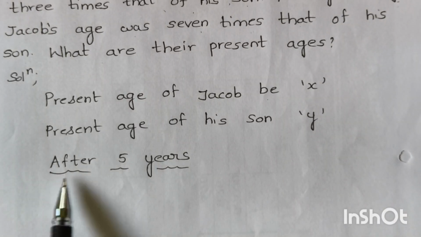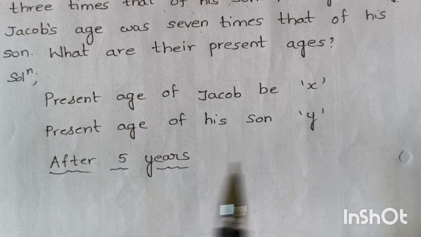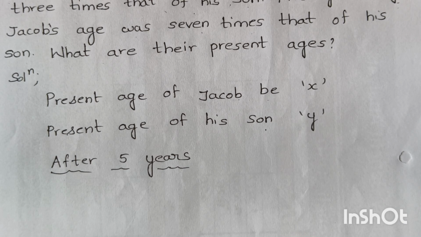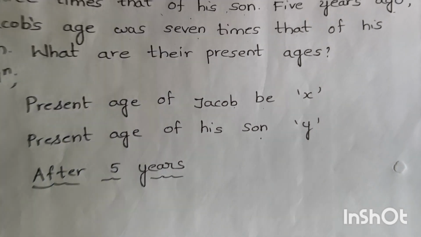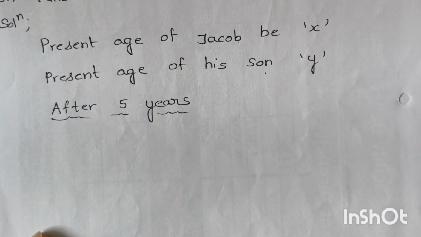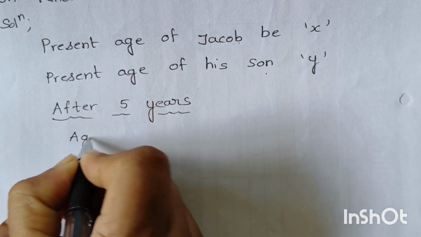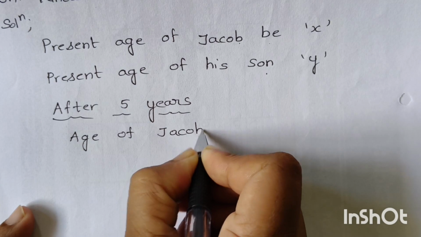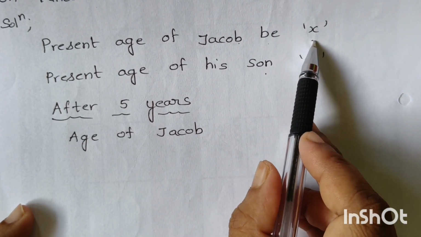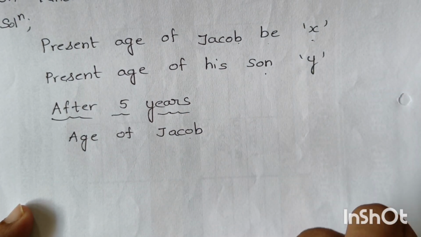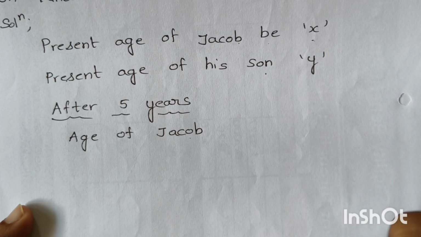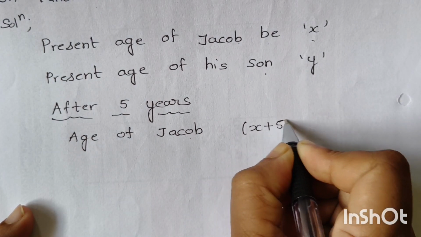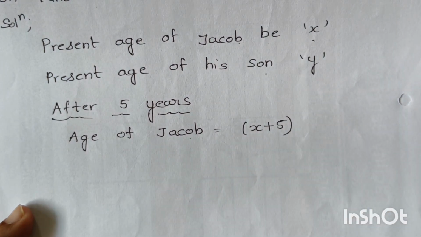We know that after 5 years, the age of Jacob and his son will increase by 5, right? So how can we write? After 5 years, age of Jacob, present age is x, but after 5 years, what will be Jacob's age? 5 years it will increase, so we can write it as x plus 5, right?